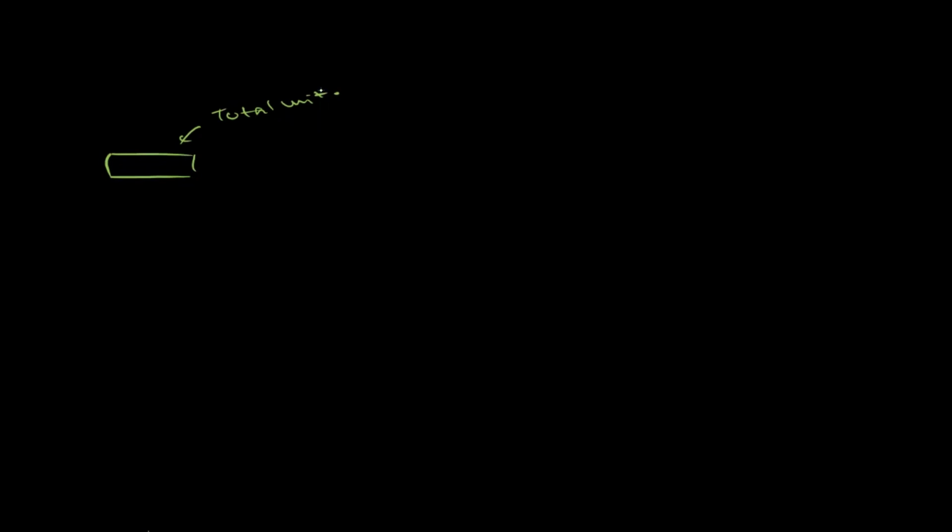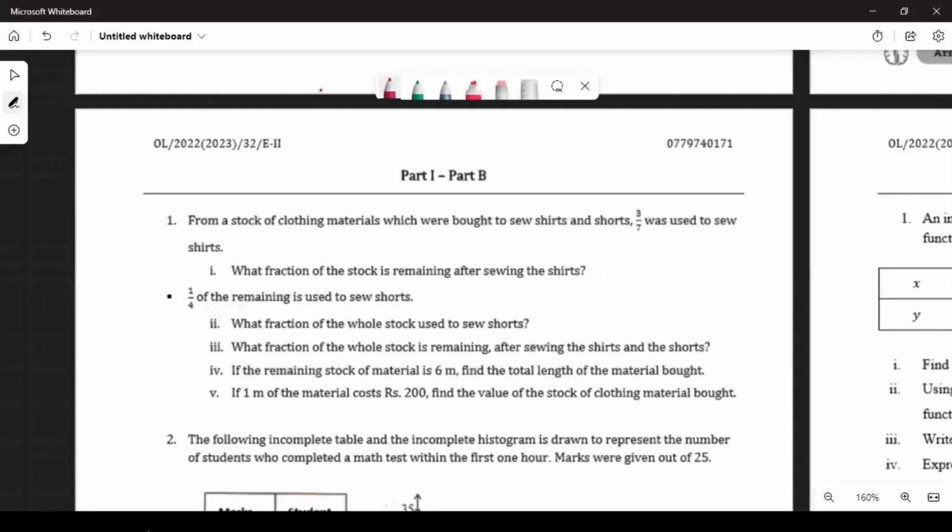In this case, what is the total unit? Here, from a stock of clothing materials, this stock is the total unit. The total unit is explained already. Then from this total unit they will give you a used fraction.